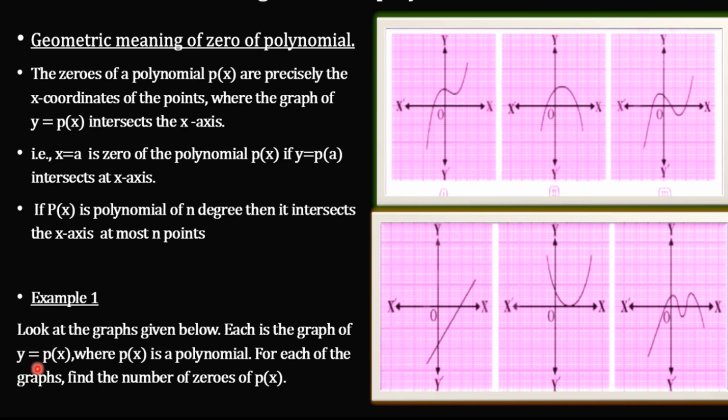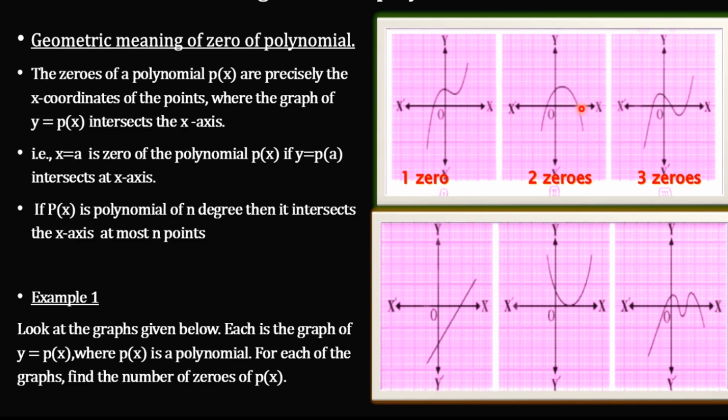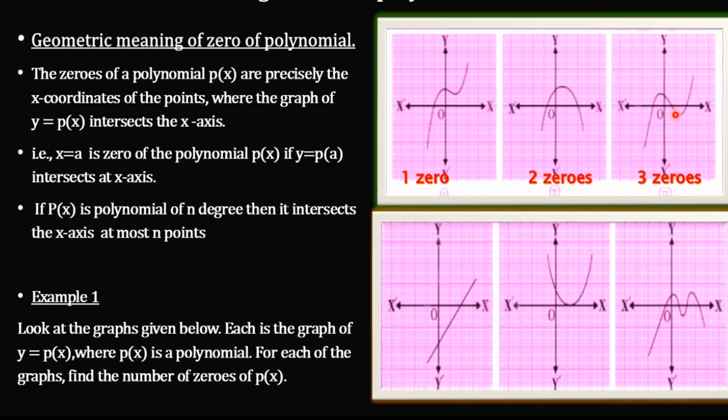Since the graph is intersecting at only one point on the x-axis, this polynomial has only 1 zero. Here we have two intersections with the x-axis, that is here and here, so the polynomial will have two zeros. Here the graph is intersecting at 3 points, 1, 2 and 3, so the polynomial must have 3 zeros.